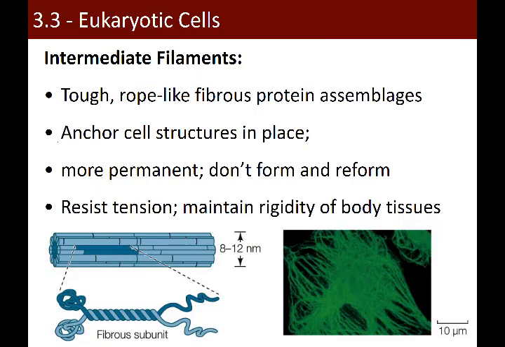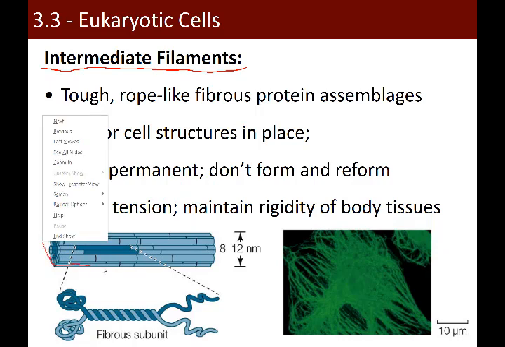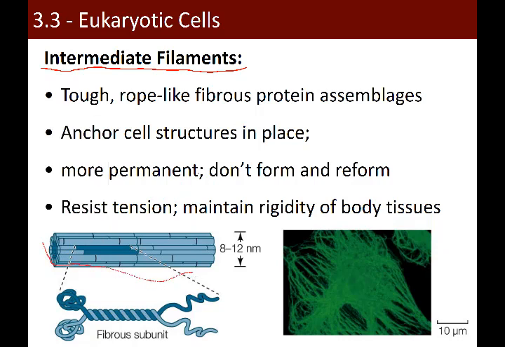Okay, intermediate filaments, as their name implies, are intermediate in size. These are the middle-sized cytoskeleton components. And if you look at their underlying structure, they are much more permanent. Okay, they're actually made of a very tough rope-like fiber, and that fibrous subunit is twisted with another one really, really tightly, like plying two strands of thread together.